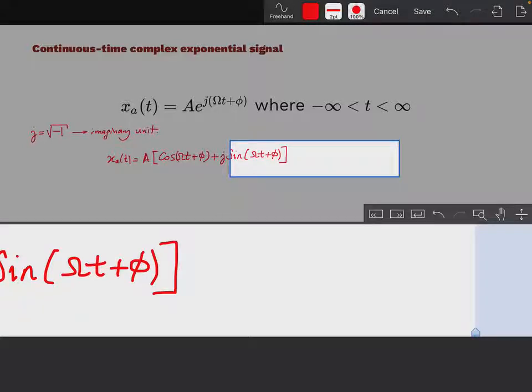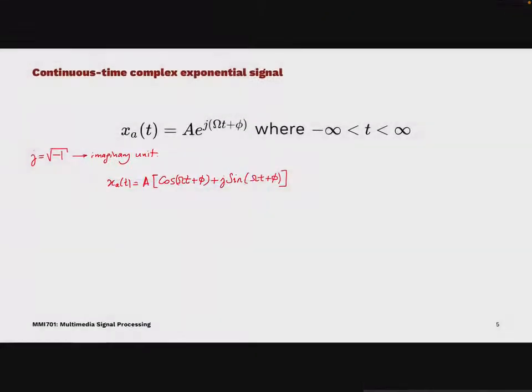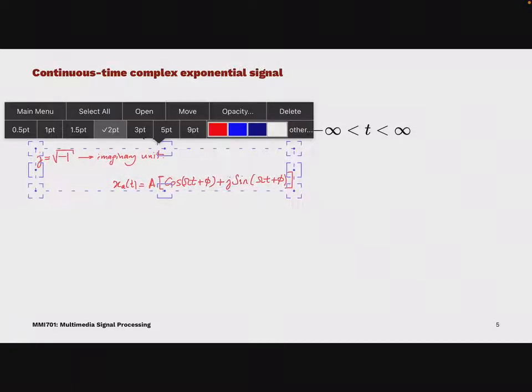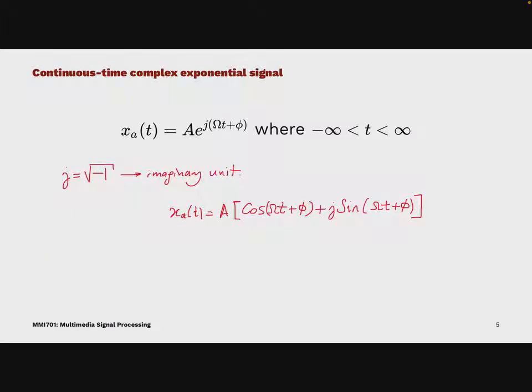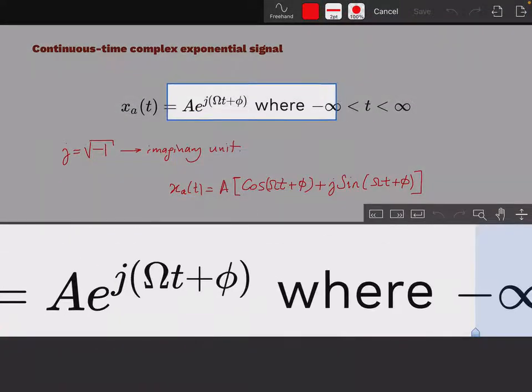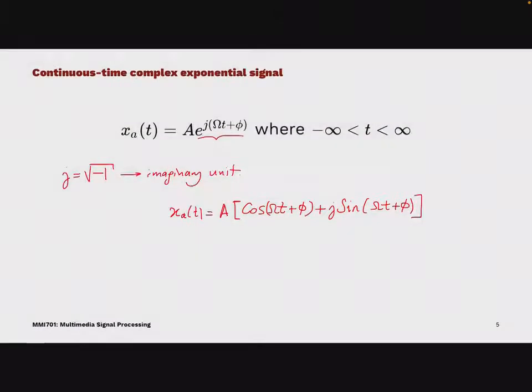Now you can see that our signal has both a real part and an imaginary part. The magnitude of the complex exponential, this second part, is unity because it's cosine squared plus sine squared, which is 1.